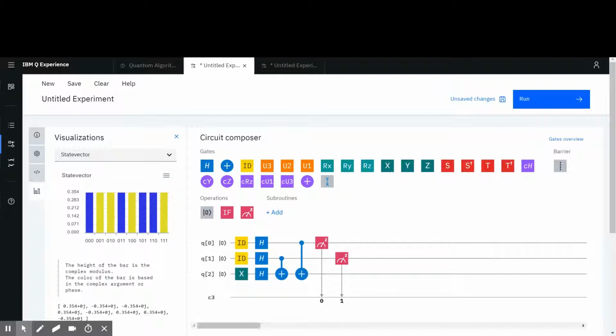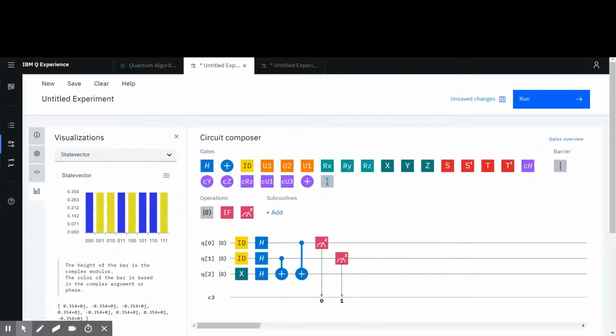It's flagged all the states where there's an uneven number of ones. Right, because it's either 0, 1 or 1, 0, or it's like an OR, so 1, 1, 1, 1, right? Exactly.